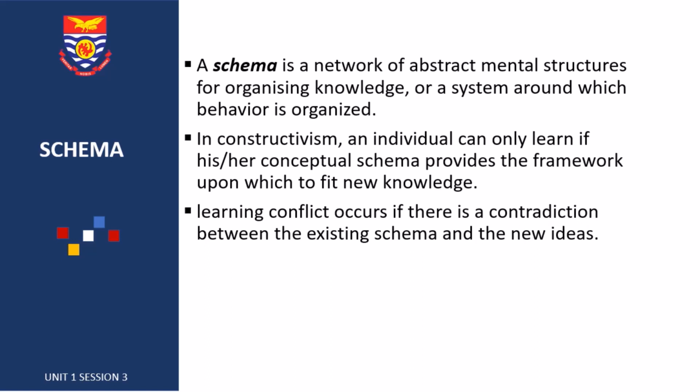And when does learning conflict occur? If there is a contradiction between the existing schema and the new ideas. For example, you have learned that acids are proton donors, or an acid donates a proton. And so that is in your schema, or you have built such a schema. Now you go and meet a certain substance that they are saying is an acid. You have checked with litmus paper, it has turned red.